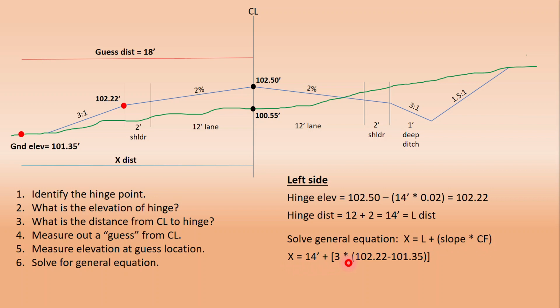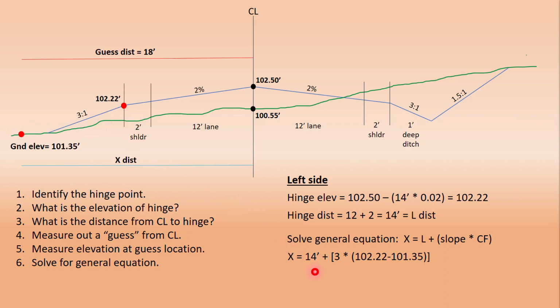And that cut fill dimension is nothing more than the elevation of your hinge minus the elevation of the ground, because that's the vertical dimension, right? That's the cut fill vertical dimension to get from hinge down to the ground surface. And when we multiply that vertical distance by 3, because it's a 3-to-1 slope, that's giving us the horizontal equivalent of how many horizontal feet it'll take us to achieve that vertical separation at a 3-to-1 slope.